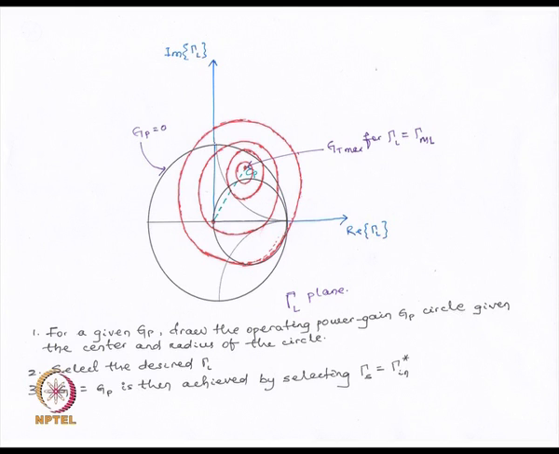So these operating power circles are like this. This blue circle is our Smith chart, and these red circles are the operating power circles.